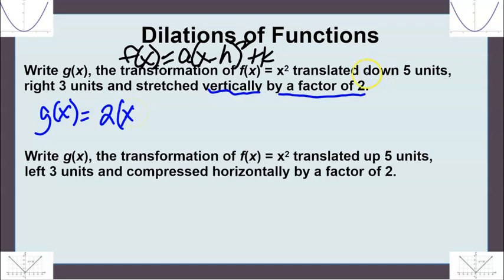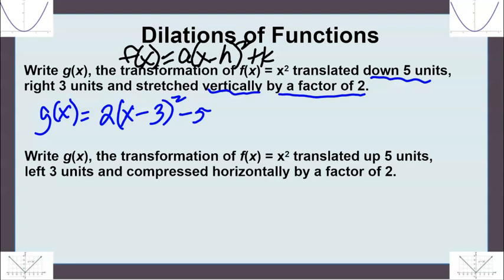Now it says that it's 3 units to the right. So normally it's x minus, so I'm going to keep that in there. My h is 3. So I can put that in parentheses. So I have 2 times parentheses x minus 3 squared. And then it said it went down 5 units. That means my vertical translation is minus 5. So here would be my function of g of x equaling 2 times (x minus 3) squared minus 5.